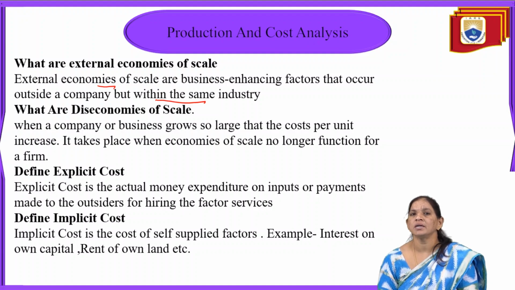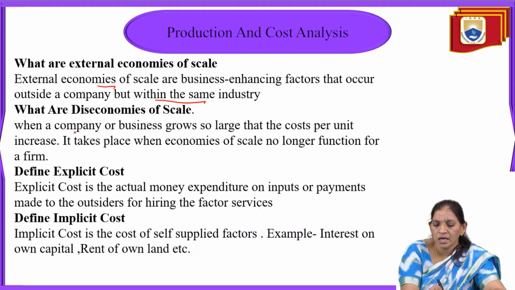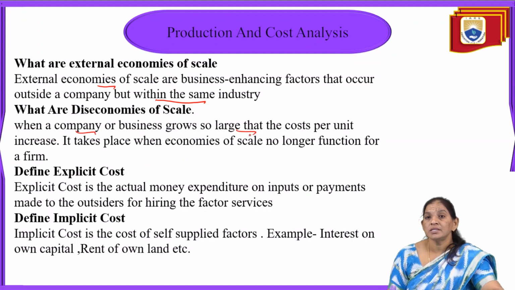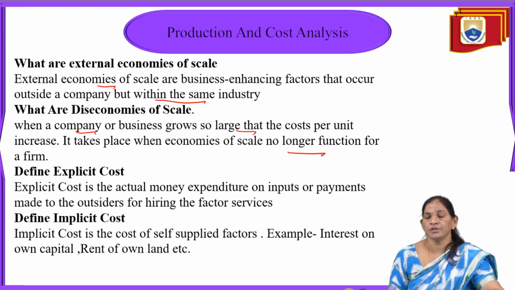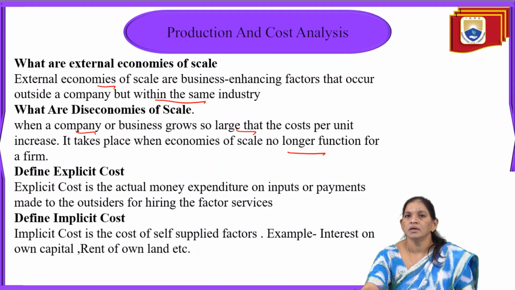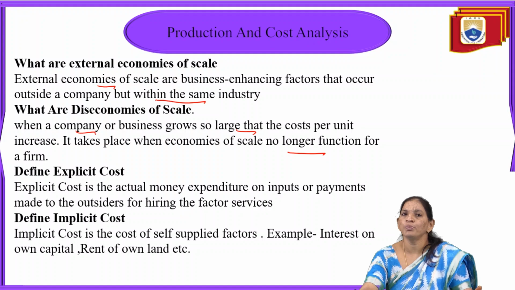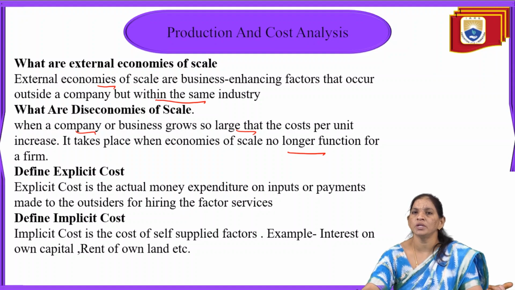So some disadvantages a company will get due to the growth of the company or increasing production, such that the cost per unit will increase. When overproduction increases or the capacity goes on increasing, the total cost will also increase and the unit cost will increase.